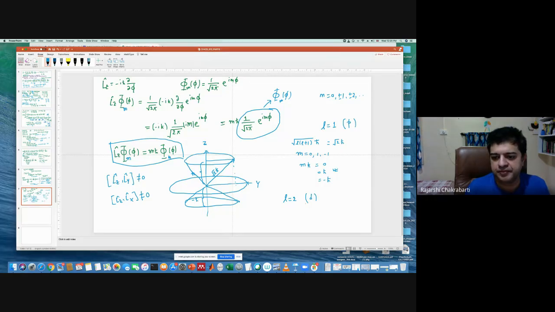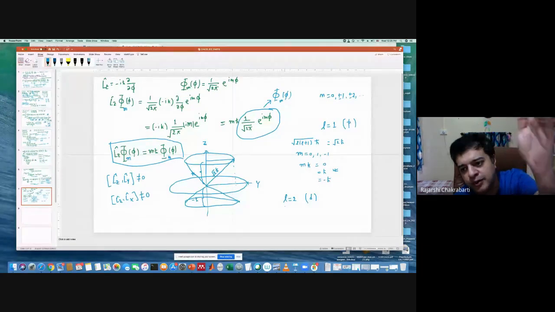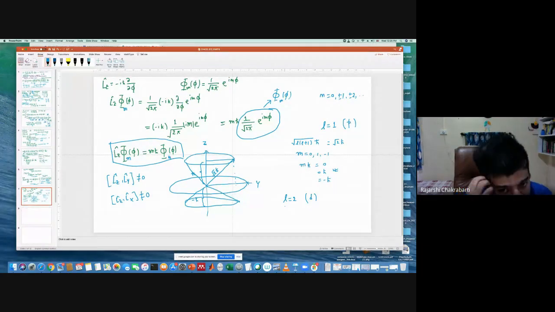D state. For that, how many projections will be there? There will be 5 projections, because m will vary from -2, -1, 0, +1, +2. There will be 4 cones and another cone on the xy plane, which is like a circle. Is this clear? Please tell me when it's clear.